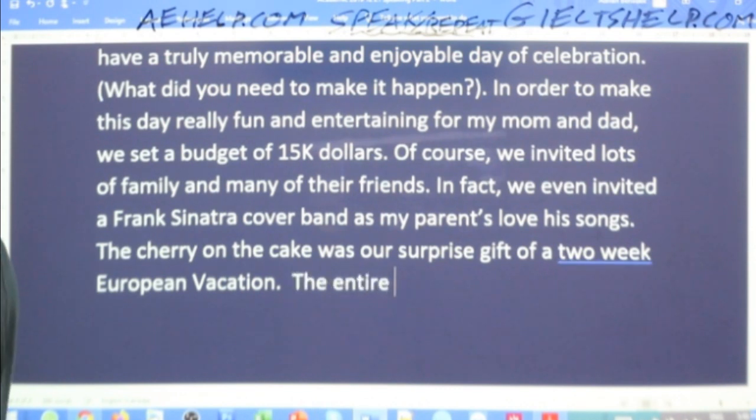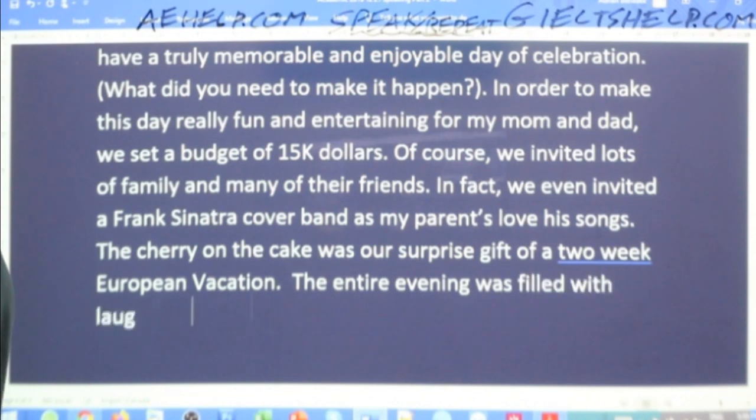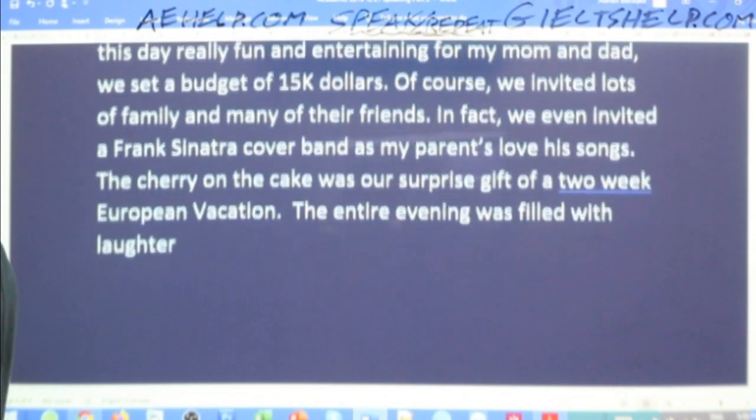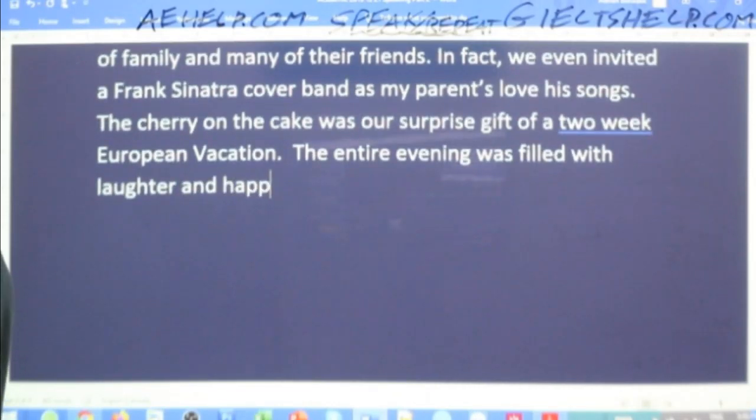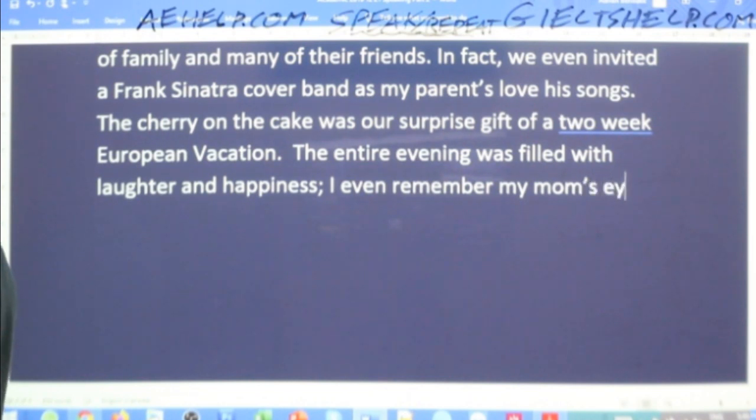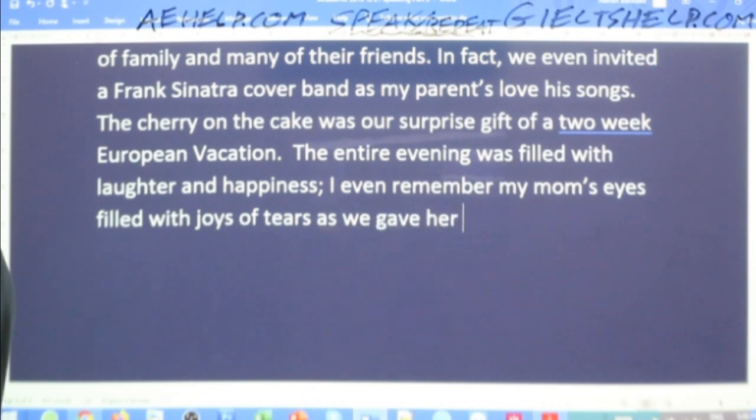The entire evening was filled with laughter and happiness. I even remember my mom's eyes filled with tears of joy as we gave her hugs and cut the cake.